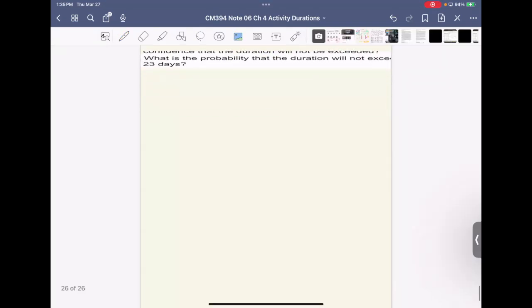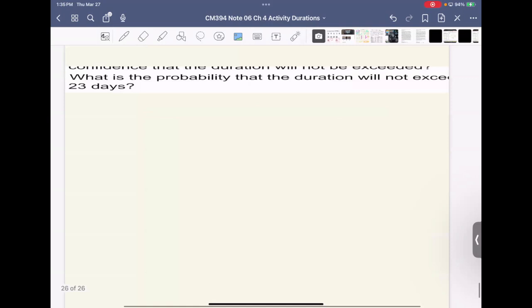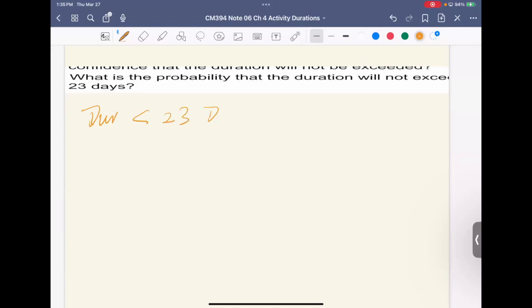So this question is regarding what is the probability that the duration will not exceed 23 days? That means the duration is less than 23 days.